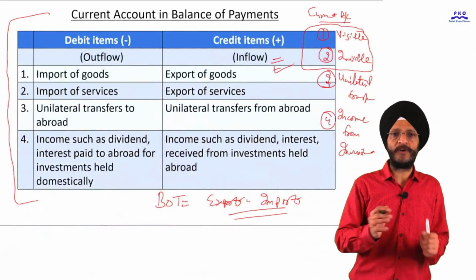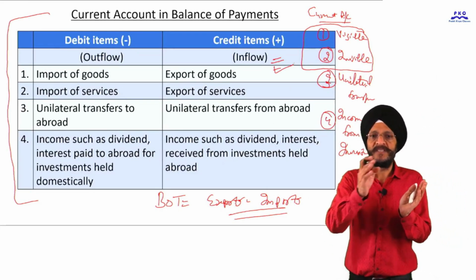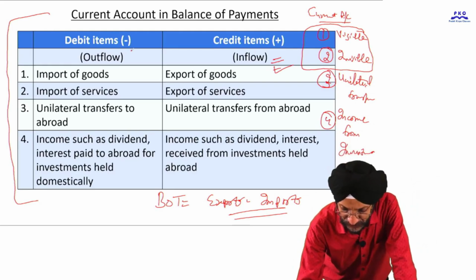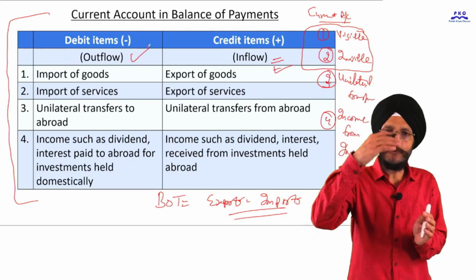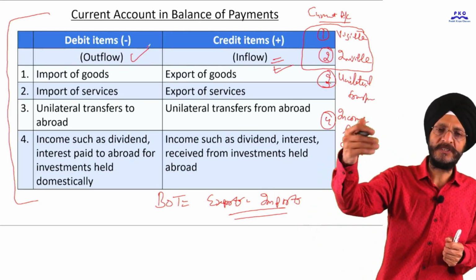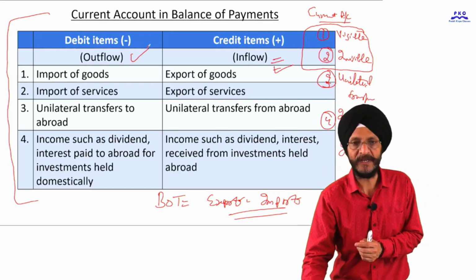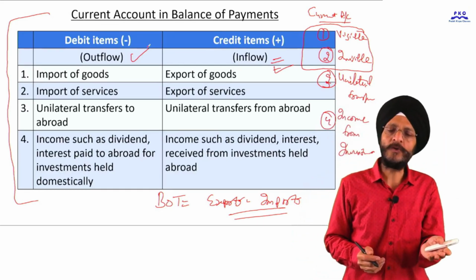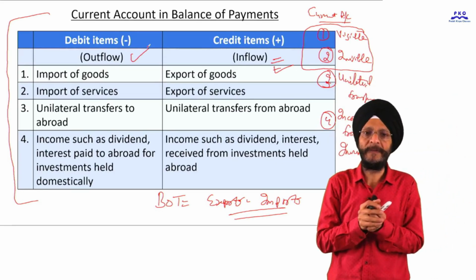All those transactions on account of which there is outflow of foreign exchange are recorded on debit side. When we export goods or export services, we receive foreign exchange, so they are recorded on credit side. When we import goods and services, there is outflow of foreign exchange, so they are recorded on debit side.